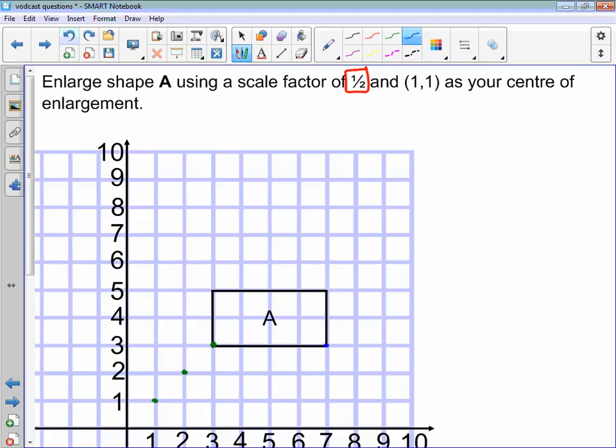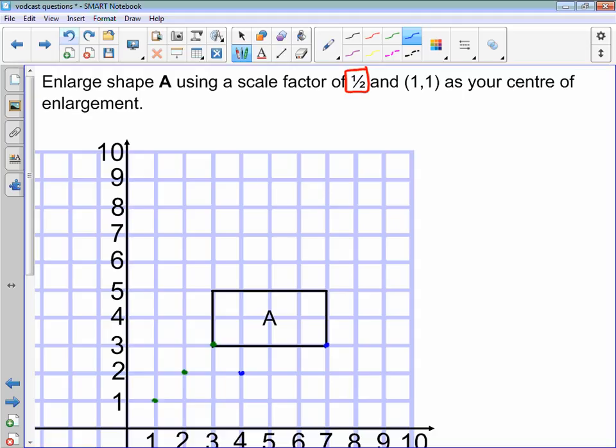If I pick this corner of the rectangle, to get there from my centre of enlargement, I need to travel 1, 2, 3, 4, 5, 6 right and 1, 2 up. That means to find the equivalent corner on my new rectangle, I need to halve those distances. So rather than 6 right, I need to go 1, 2, 3 right. Rather than 2 up, I need to go 1 up.